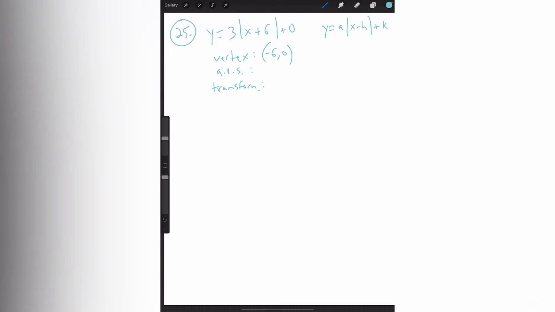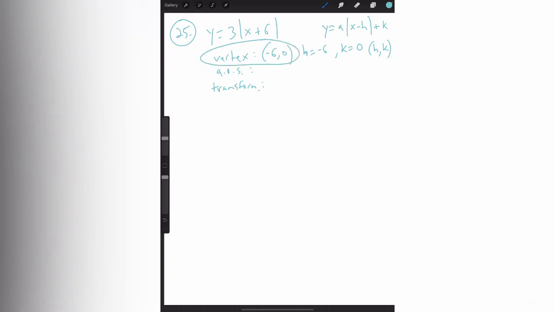There's nothing, so I'm adding the 0 for k. K is going to be 0. If I find what h is equal to, h is equal to negative 6, k is equal to 0. That's why I have my vertex. Remember, my vertex is always going to be at h, k. My vertex is negative 6, 0.